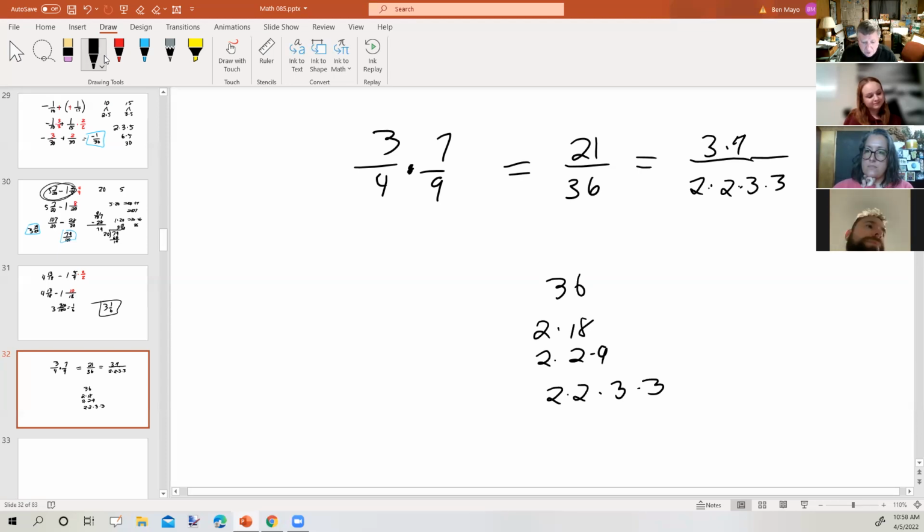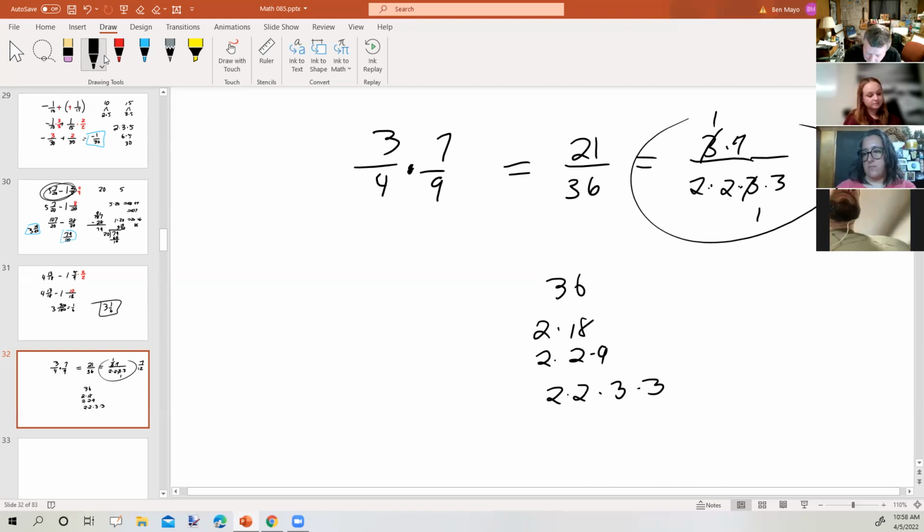If I offer you broccoli, you won't like it. But if I promise you chocolate cake afterwards, maybe you'll eat the broccoli. Maybe, maybe not. Okay. So in this case, I could reduce the 3's down and I'd have what? 7 over 12. All right.